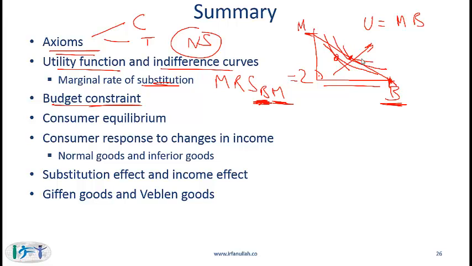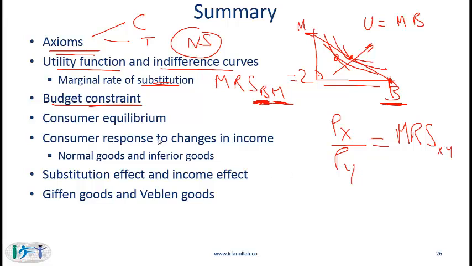To know that you are at an optimal bundle, what you need to look at is the slope of the budget constraint line, given by price of x divided by price of y, which should be equal to the marginal rate of substitution.